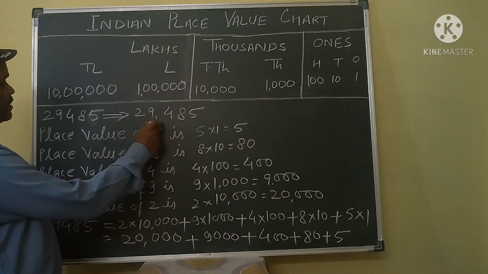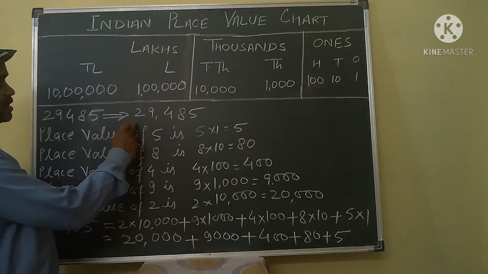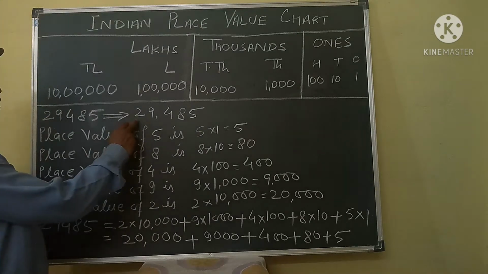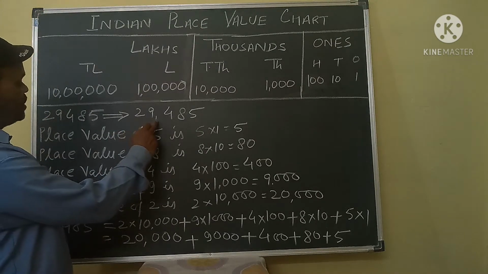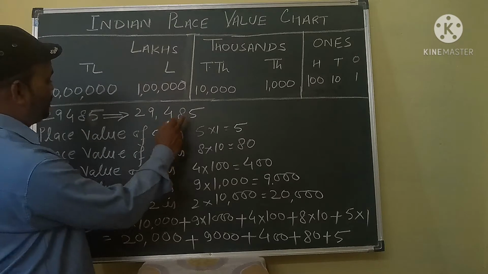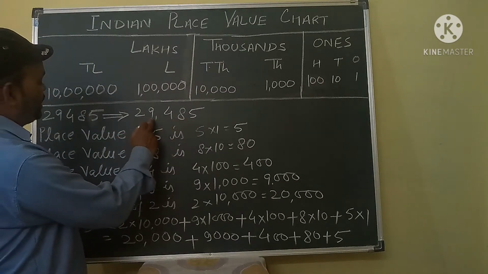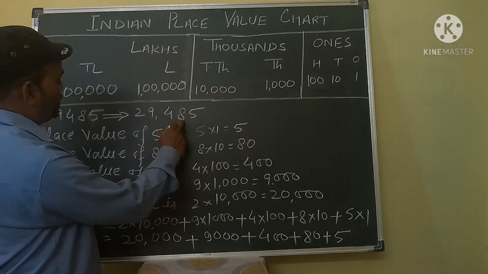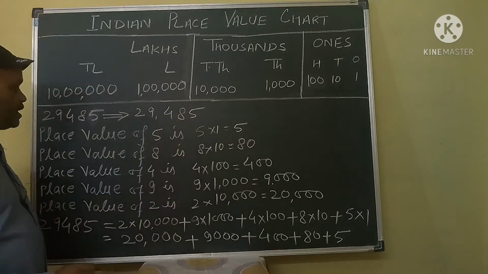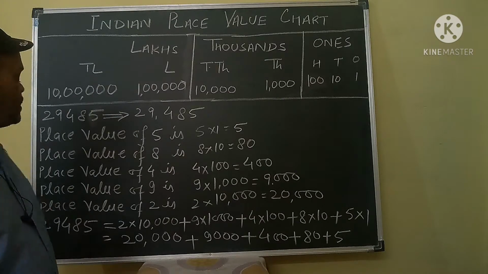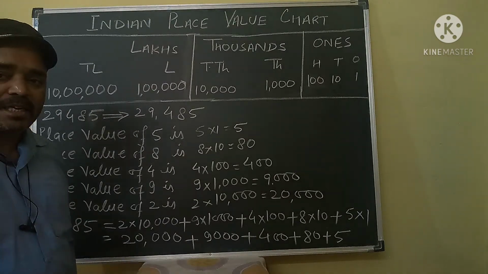First comma after 3 digits and next comma after 2 digits. So this number will become 29,485.